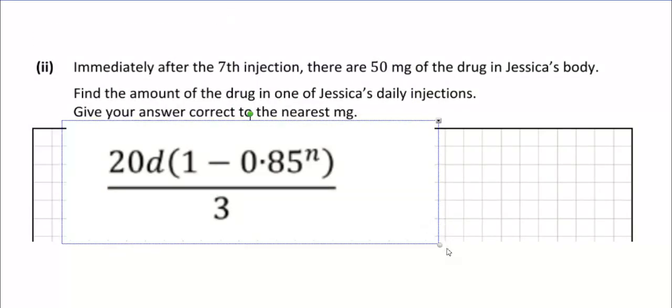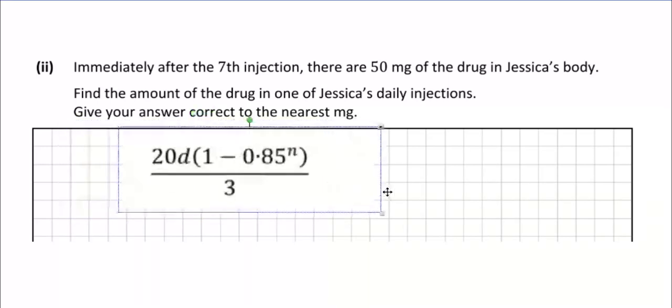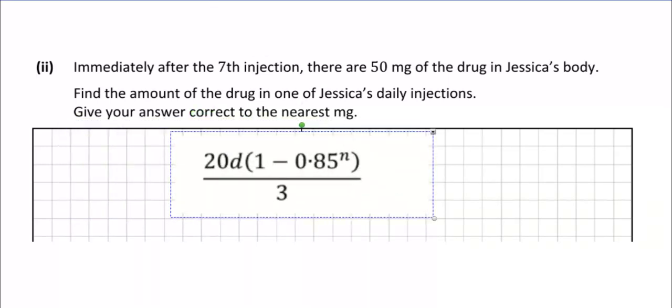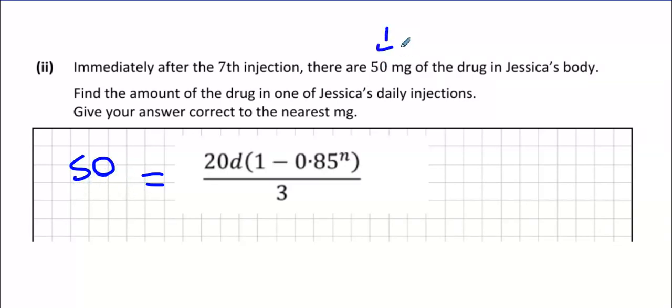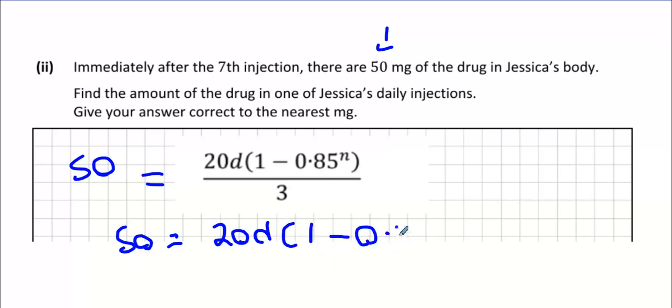Now, the question is, we're after D, aren't we? But the whole thing has to equal 50. N is equal to 7. So 50 equals 20D times 1 minus 0.85 to the power 7, close bracket, all over 3.